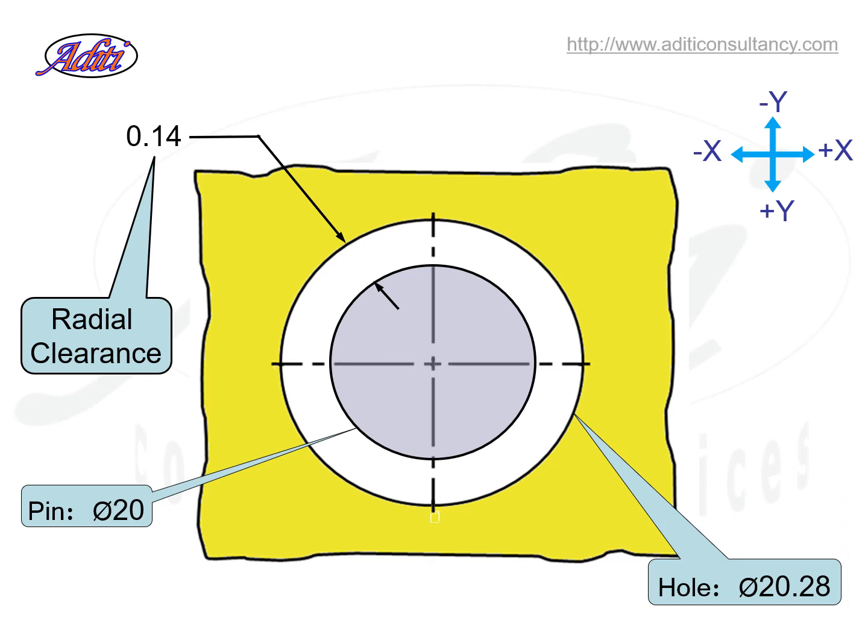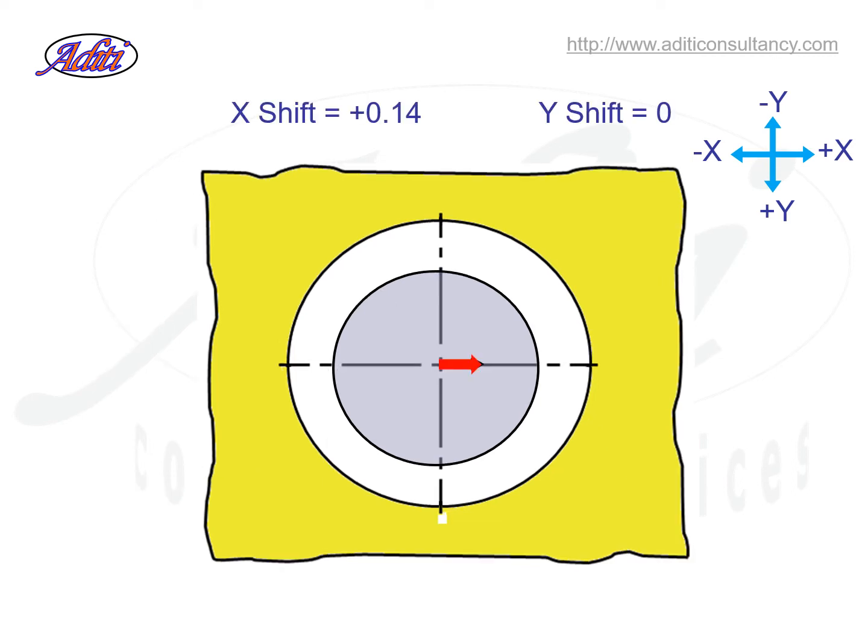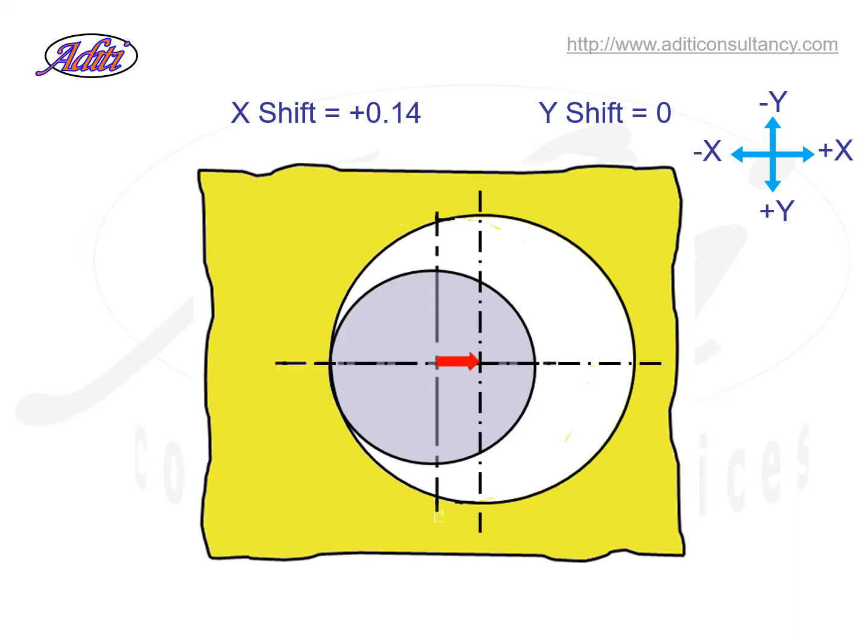There is a radial clearance of 0.14 mm all around between the hole and pin surfaces. If you consider a shift of 0.14 mm in x plus direction and in y direction no shift, there is a gap of 0.14 mm between the two surfaces in that direction also. Hence, the hole can get easily shifted fully by 0.14 mm.